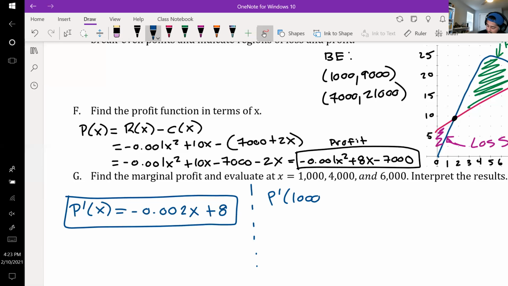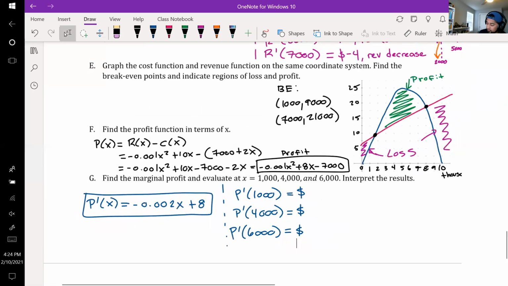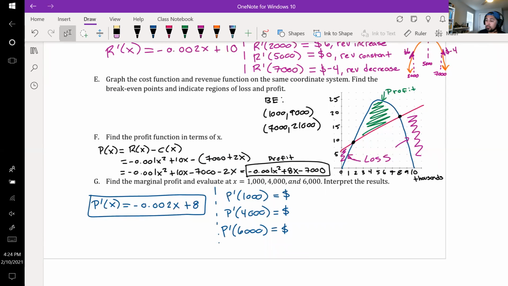And now just plug in all these values. P prime of 1,000. P prime of 4,000. And P prime of 6,000. And if I plug that in, what can I do?